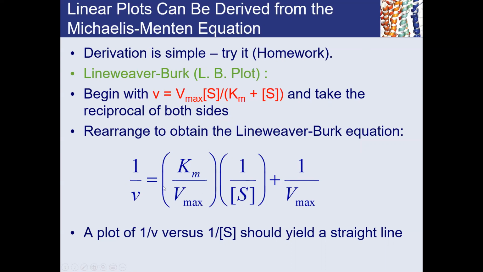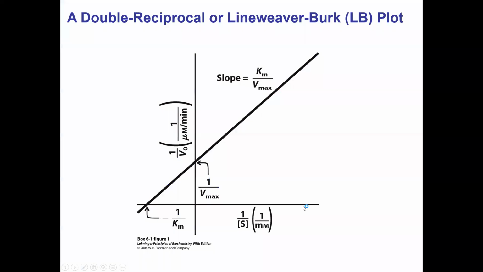It's a straight line equation. So if you plot 1 by v as y and 1 by s as x, the slope of that line will give you the value of Km by Vmax, and the intercept will give you 1 by Vmax. So if you did the experiment, you can see where your intercept is, and that gives you the value of 1 by Vmax. Therefore, you can know the value of Vmax, right? And the slope will give you the value of Km by Vmax.